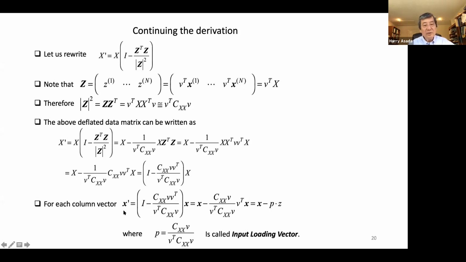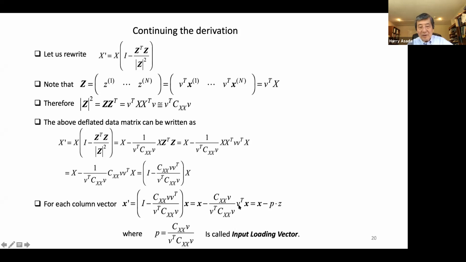In general, I just write any component here, X prime equals I minus this matrix times X. And one last step is that I like to combine X V transpose times X. What does that mean? That one is again the score Z, right? So this is what I did, pulling out this and then replacing this one by Z.